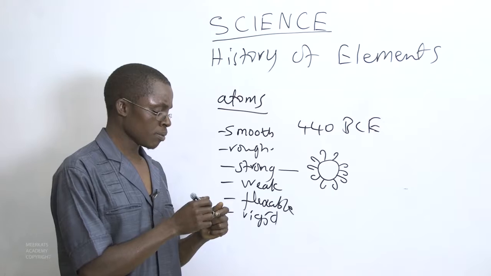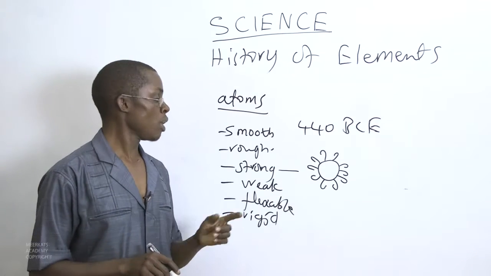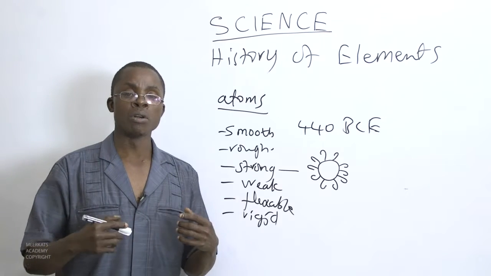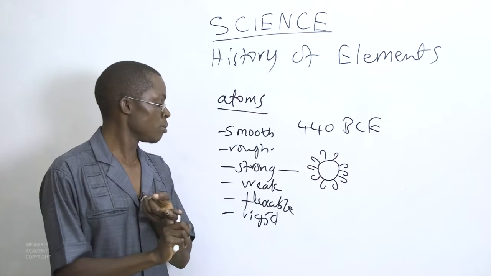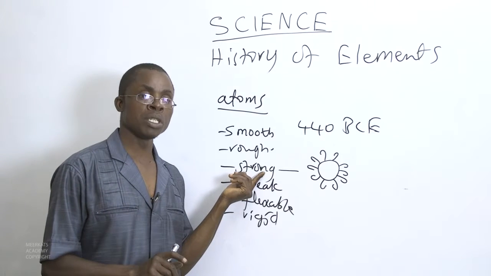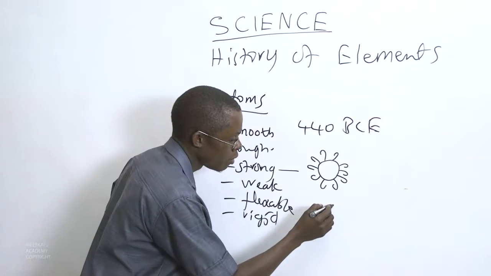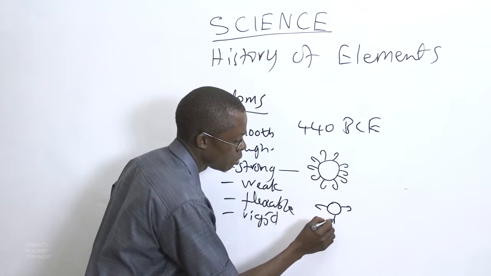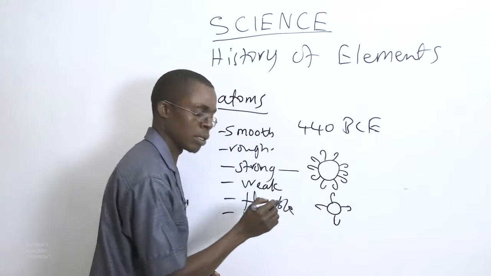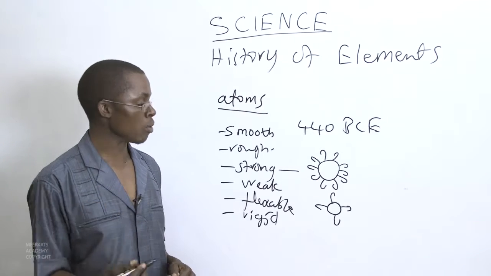So they imagined these atoms that have so many hooks will obviously make stronger bonds between them, and by making stronger bonds, they make the substance much, much stronger. And those that have fewer hooks make a weaker structure, which of course is wrong.